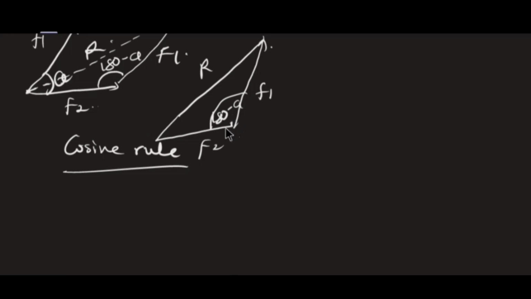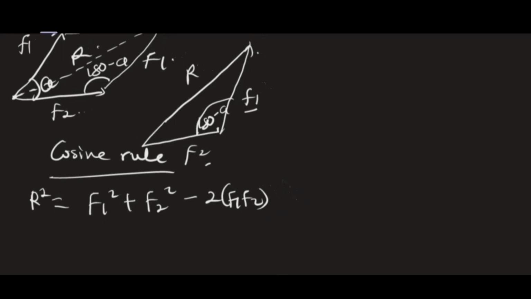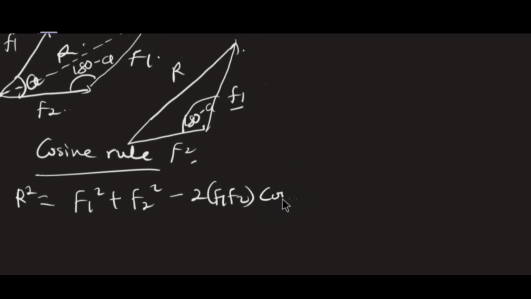Then there should be at least two known sides, and you know F1, F2, and this is just an illustration. So here, by cosine rule, R squared will be equal to F1 squared plus F2 squared minus twice their product, F1, F2, then cos of 180 minus alpha.